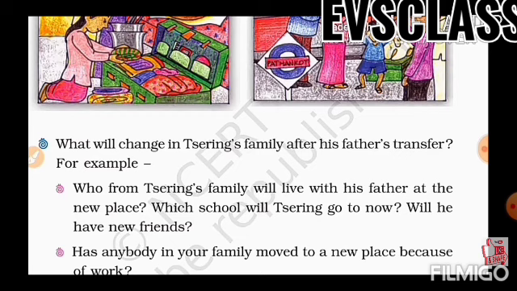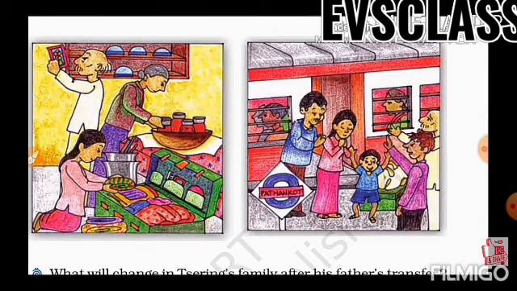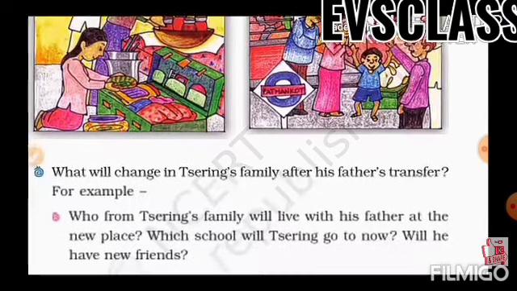So when Sharing's father shows the letter to family members, they are happy. Okay, Sharing was also very happy because he would have to go to a new town, but Sharing's father, mother and grandparents were slightly anxious as they had to make all the arrangements in a new town. Understood, students? So that's the reason for what they feel.